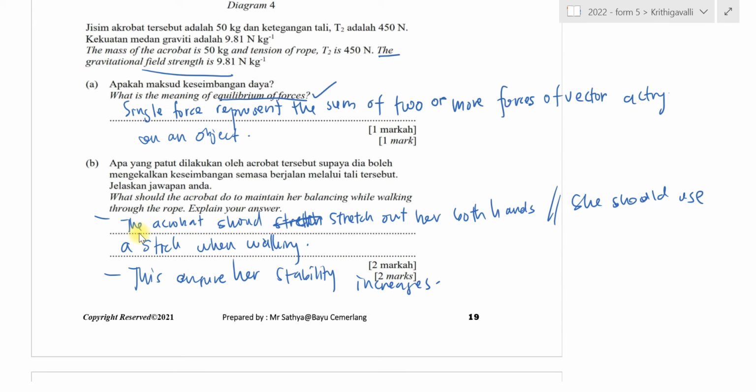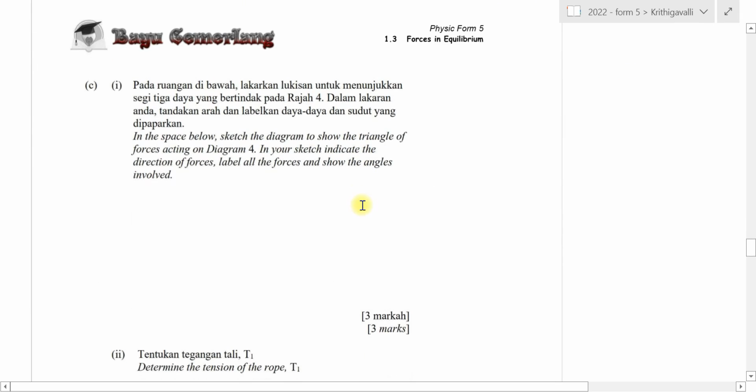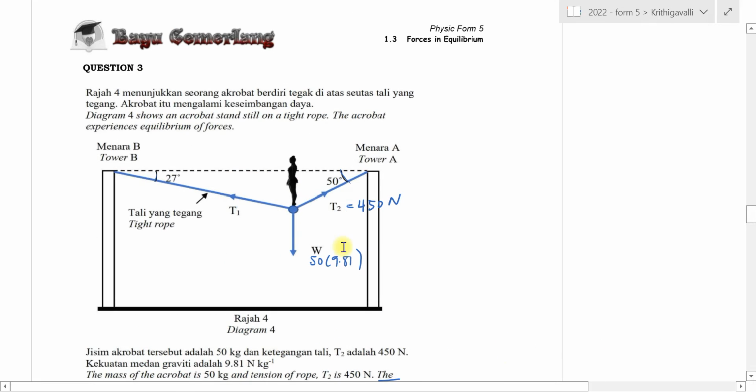Next, in the space below, sketch the diagram to show the triangle of force acting in diagram 4. In your sketch, indicate the direction of force, label all the forces, and show the angles involved. You can draw the normal triangle of forces, or draw according to scale.